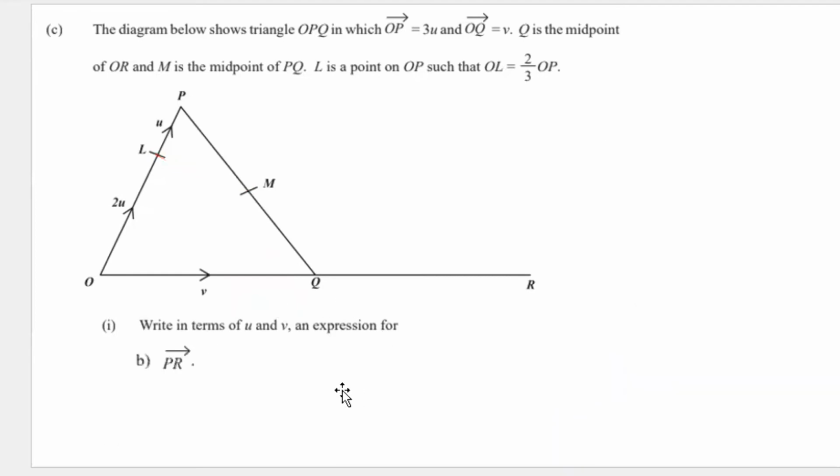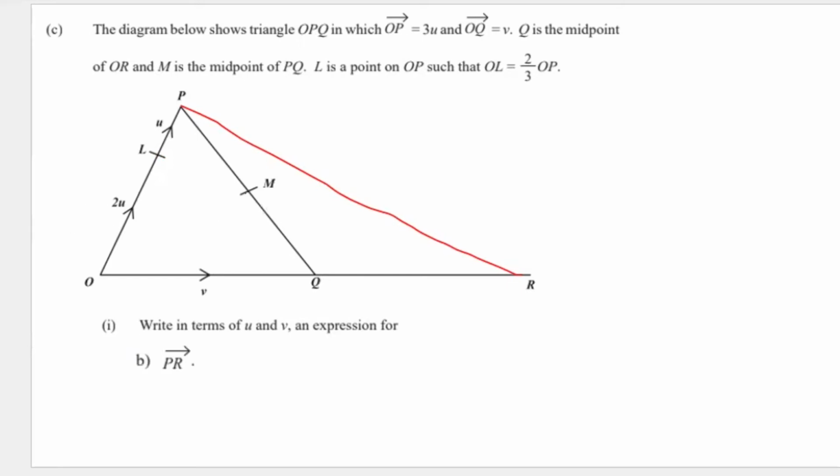Now we're asked to write an expression for PR. So we're looking for R. Where's R? Okay, here's R. That means we're coming from here to here. Now there are two routes. You could either go PO and then OR, or you could go PQ then to QR.